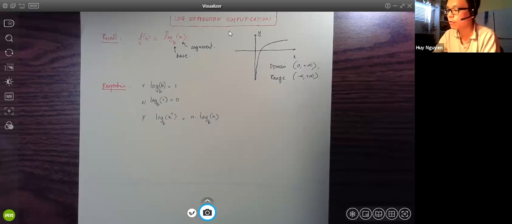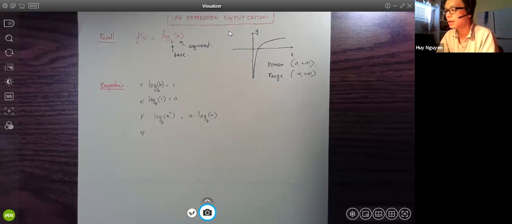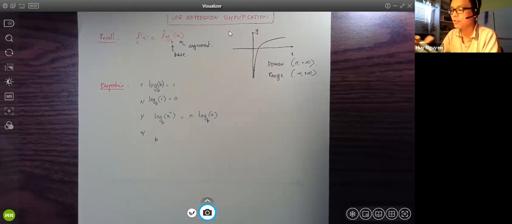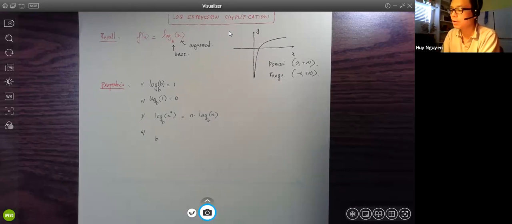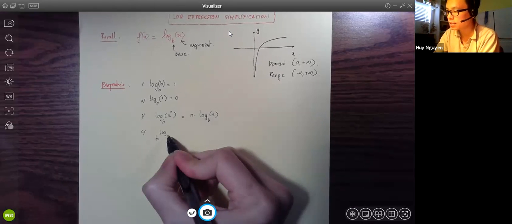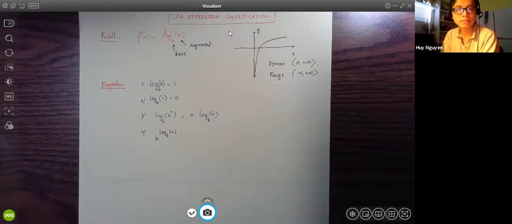Number 4. If I have the number b and I raise this b to log base b of x, then this turns out to be x.